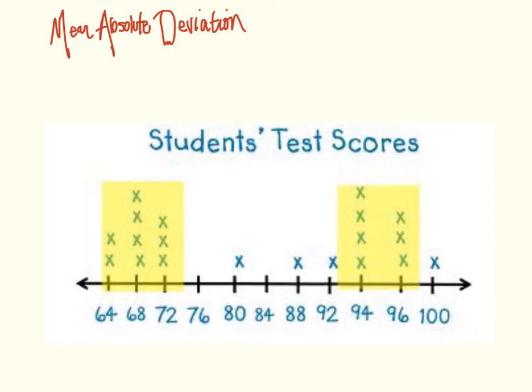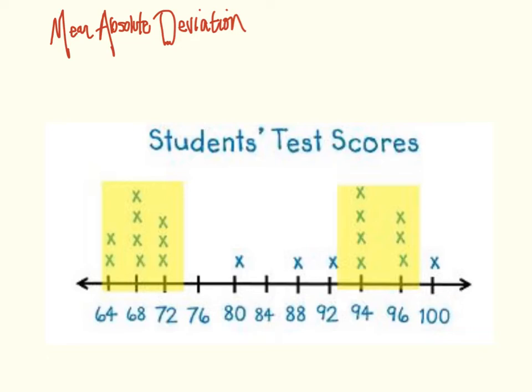So this maddening thing that we were talking about is actually called mean absolute deviation, or MAD for short. We're going to look at the same data we did before. We had already calculated the mean, or the average, for this data, and we said that it was 82.